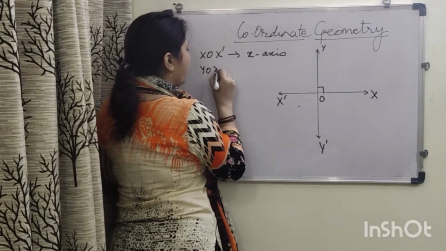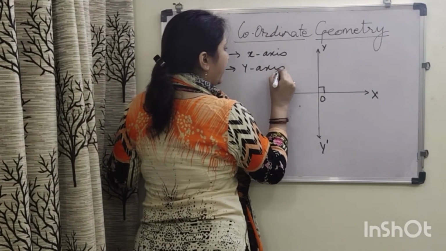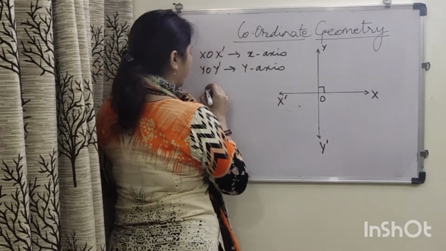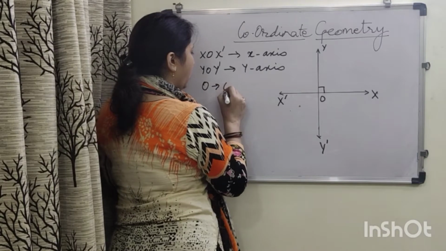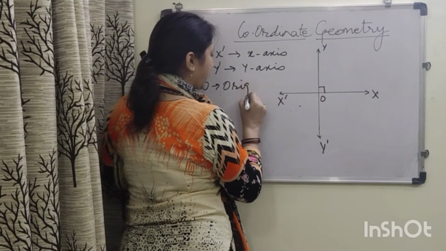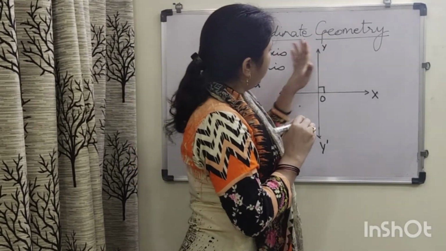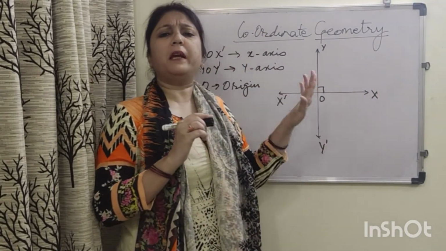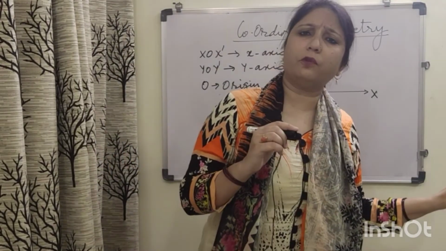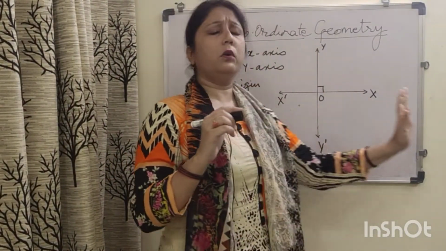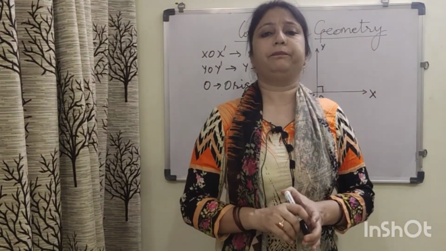Y O Y dash is known as y axis, and their point of intersection, where they meet each other, O, is origin. This is the basic, means beginning of this topic, because you have used this in bar graphs also, how to draw these two mutually perpendicular lines. You are aware of it.